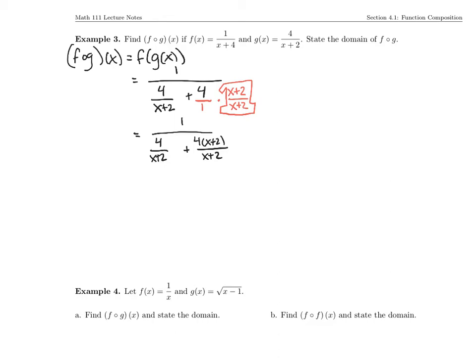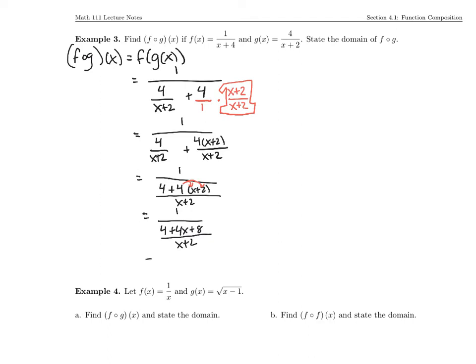We can add these together. So this becomes 1 over 4 plus 4 times x plus 2 over x plus 2. And now I'm going to distribute this 4 up here. We get 1 over 4 plus 4x plus, is it 8?